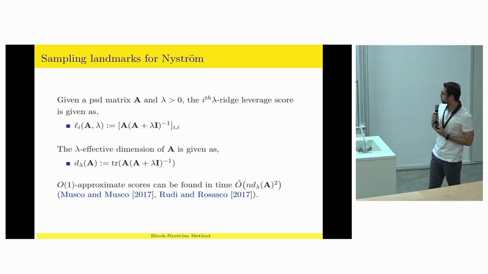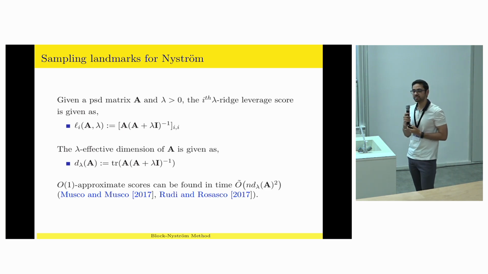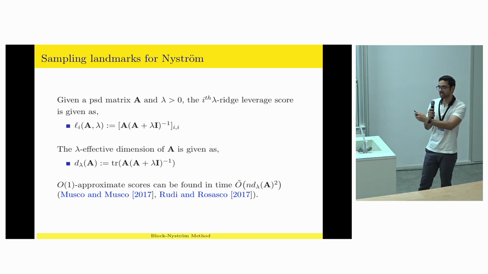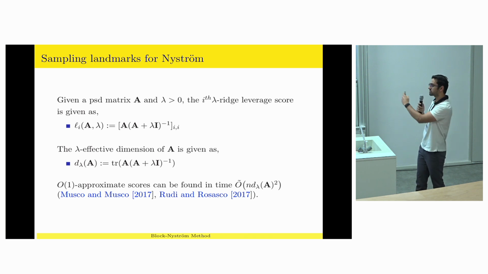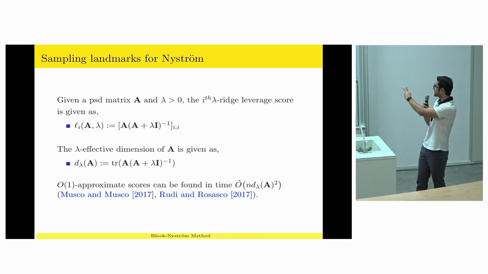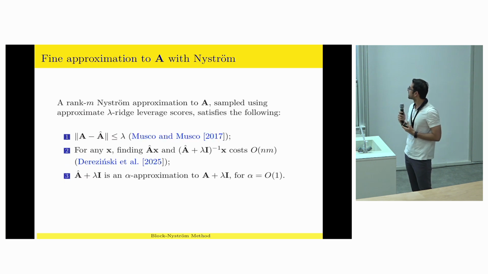But it turns out we cannot find these scores exactly, because doing that would be as expensive as doing the eigendecomposition of the whole matrix. Fortunately, we can approximate these scores up to a constant factor in time n times the square of the effective dimension. And these are the guarantees when we combine the Nystrom approximation with this importance sampling.